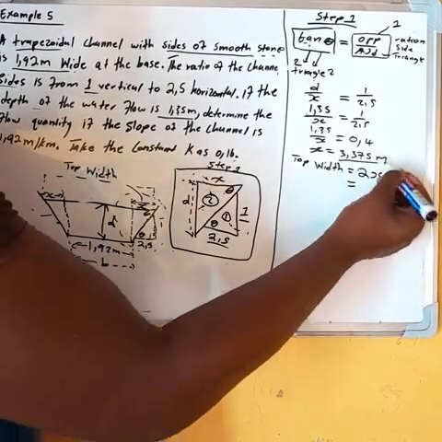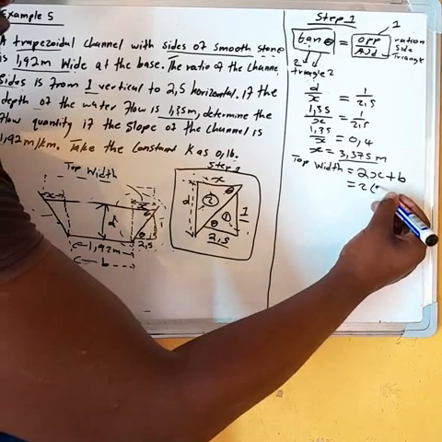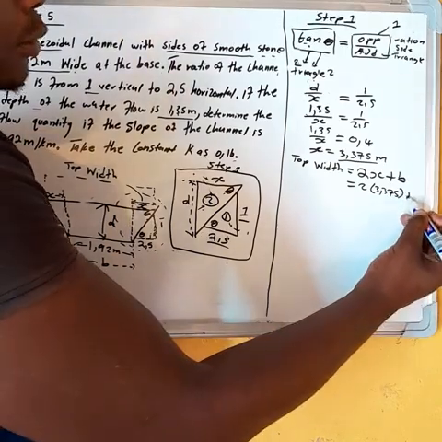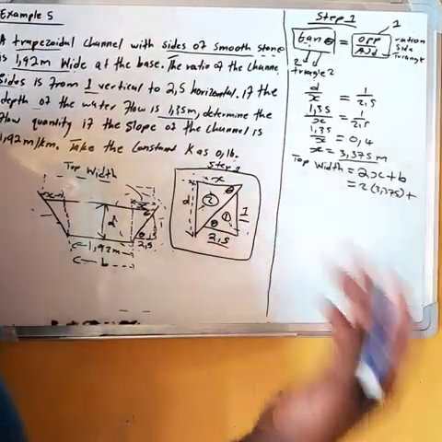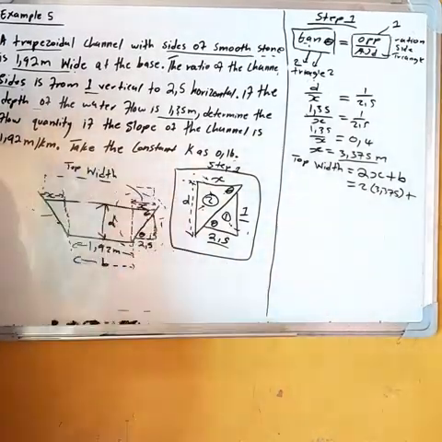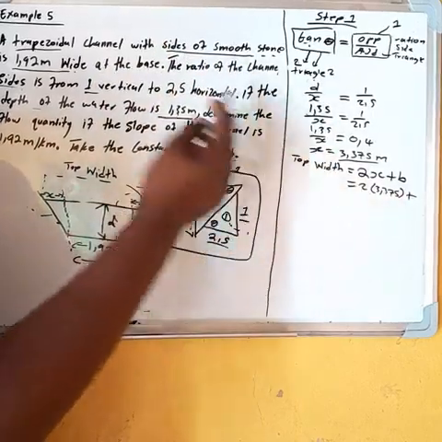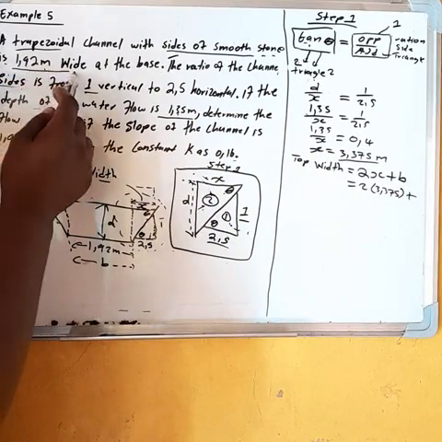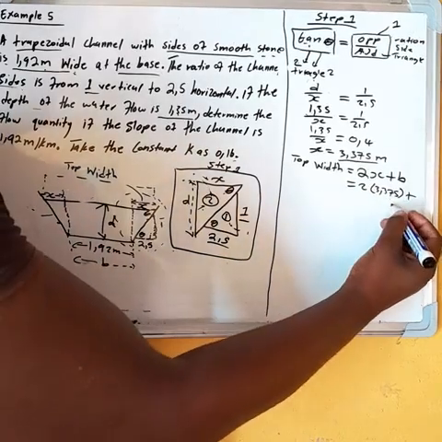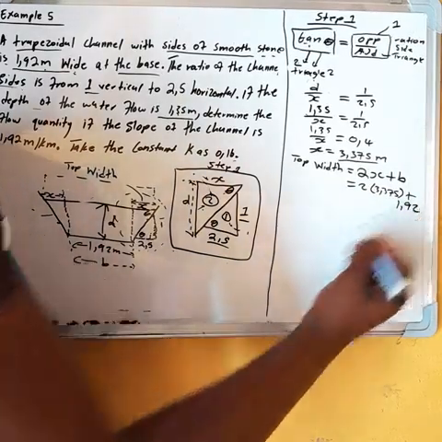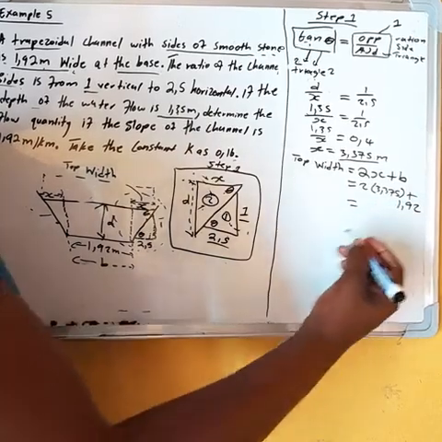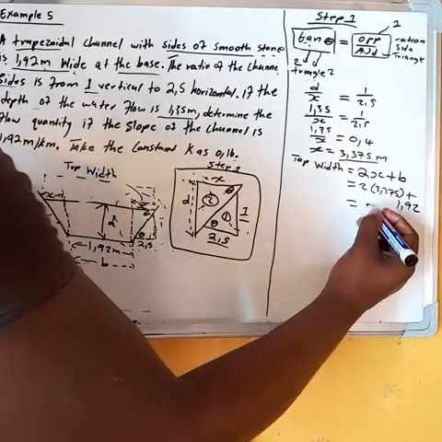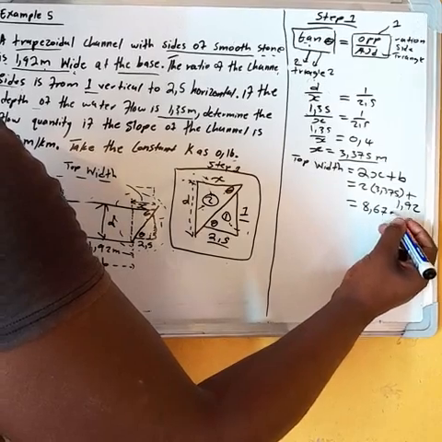Here is x, substitute that x, 3.375, and sum up with that b. What is b? Do we have b? Yes, it's a base. They've talked about b, it represents the width at the base, which is 1.92, right? Punch on your calculator. You should get 8.67 meters.